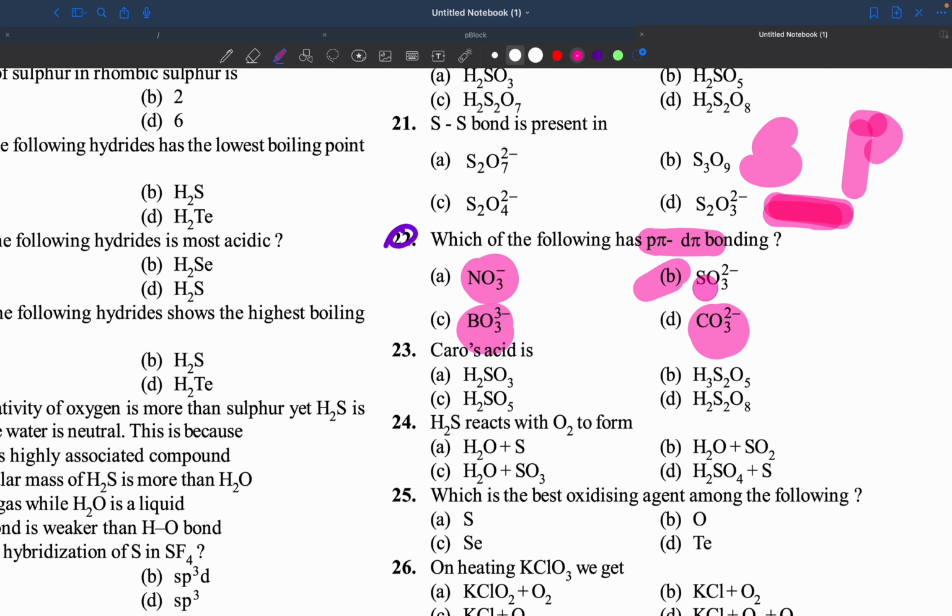But sulfur is from the third period, and in the third period 3d orbitals start. So the answer is this.